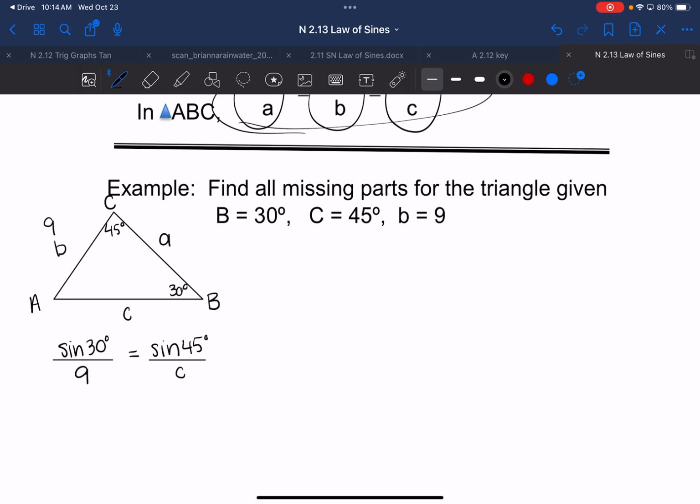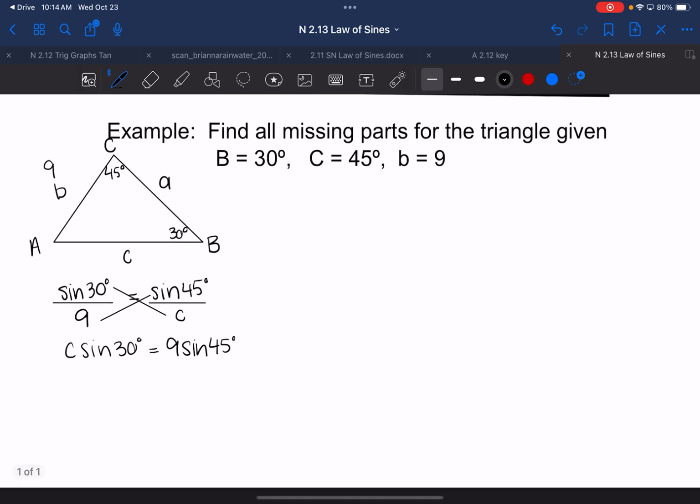So what would be my first step to solve here? Right, we're going to cross multiply. So I'm going to multiply this direction, and I'd have C times sine of 30 degrees is equal to, when I multiply this direction, I'm going to have 9 times sine of 45 degrees, right? Okay, and our goal here is to get C by itself.